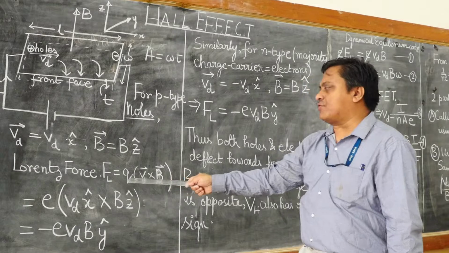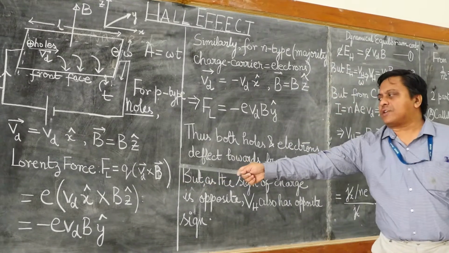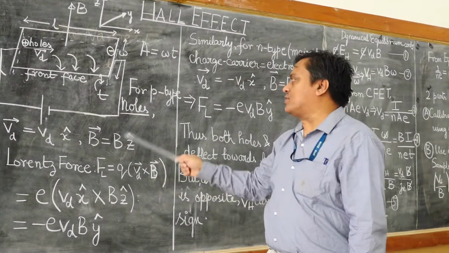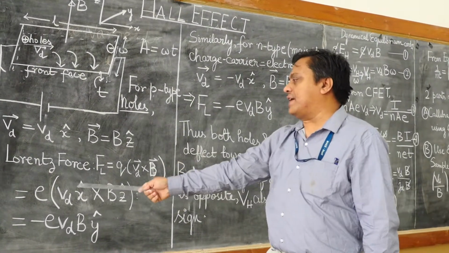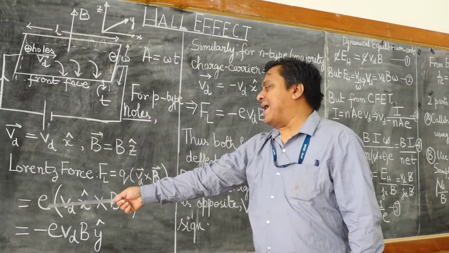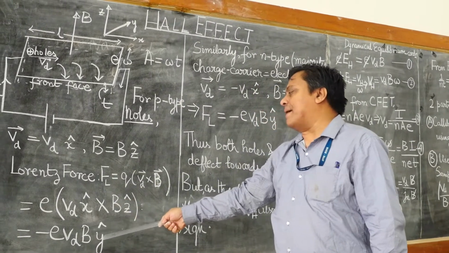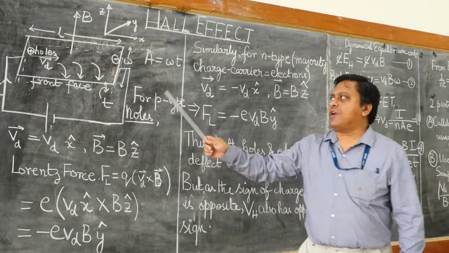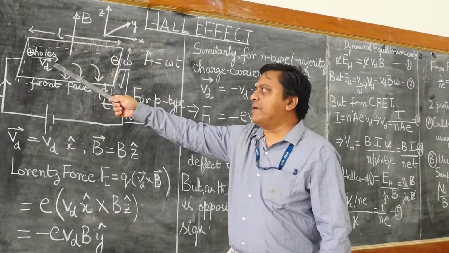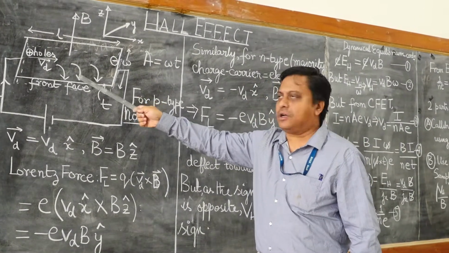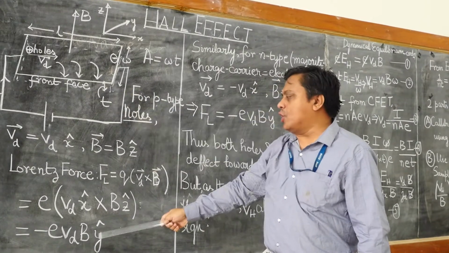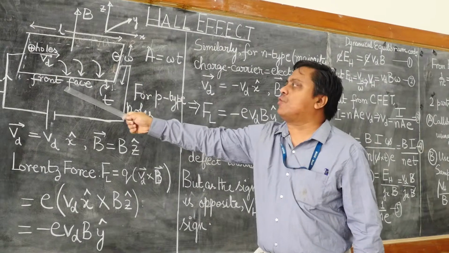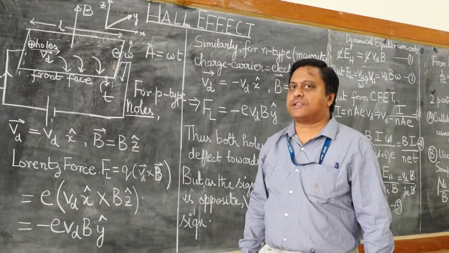So the Lorentz force will be given by q V cross B, and in this notation it is easy to show once you substitute these values that it will come as minus e Vd B times y cap. So what this means is that if you are looking at holes and the movement of holes in a p-type semiconductor, the holes will be deflected towards minus y cap, which means in this notation it will be deflected towards the front face of this Hall slab.